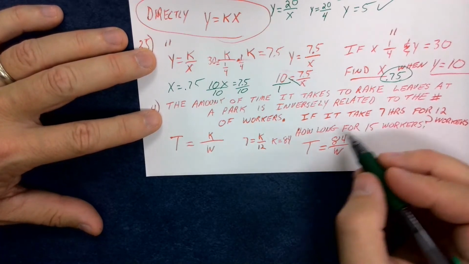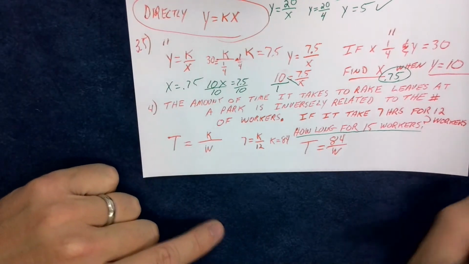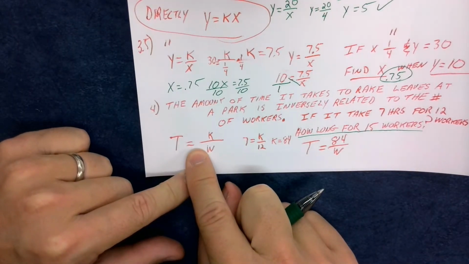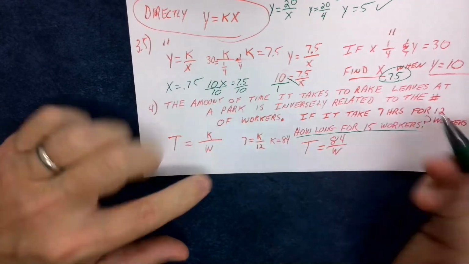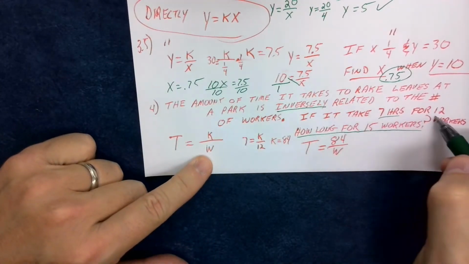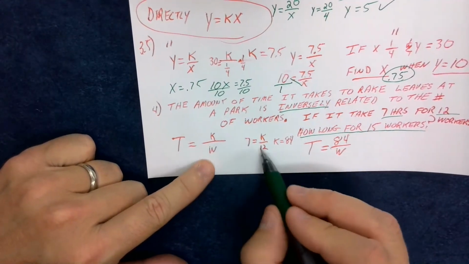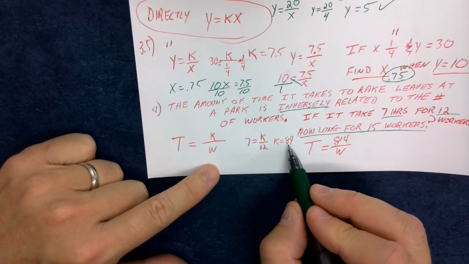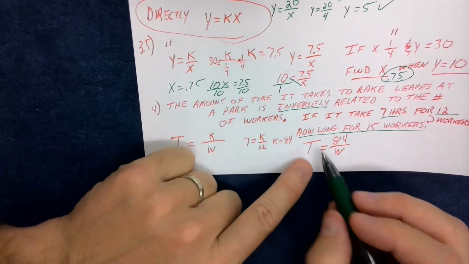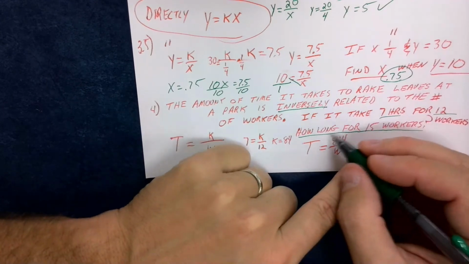Okay, so now it says, how long would it take for 15 workers? So, one more time. I write the equation based on the relationship that it says, and it said inversely. I plug in the numbers that it gave me, 7 and 12, into the correct variables right here. I solve to find the constant of the variation, which is 84. I rewrite the equation with the 84 in it, and now I answer this question.